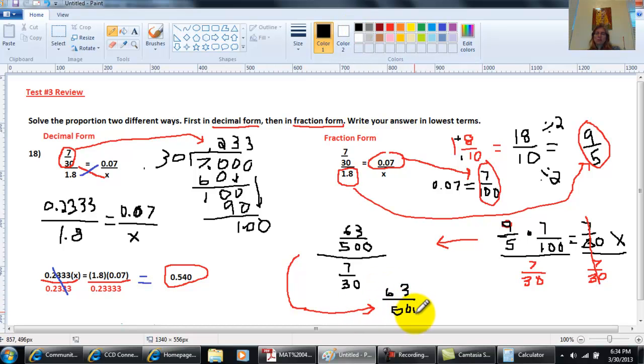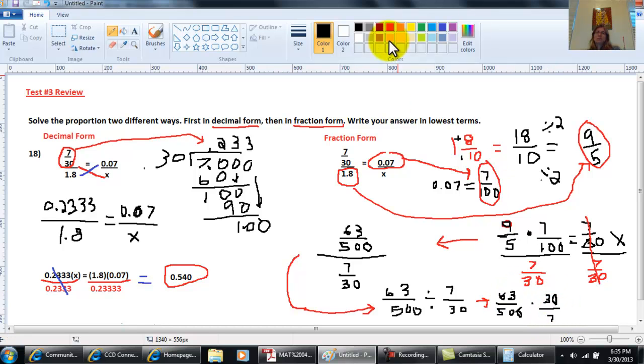We're going to divide it, but we change division to multiplication. 63 500ths divided by 7/30ths, which then we change to multiplication, and we take the reciprocal of just the second number. So 63 over 500.